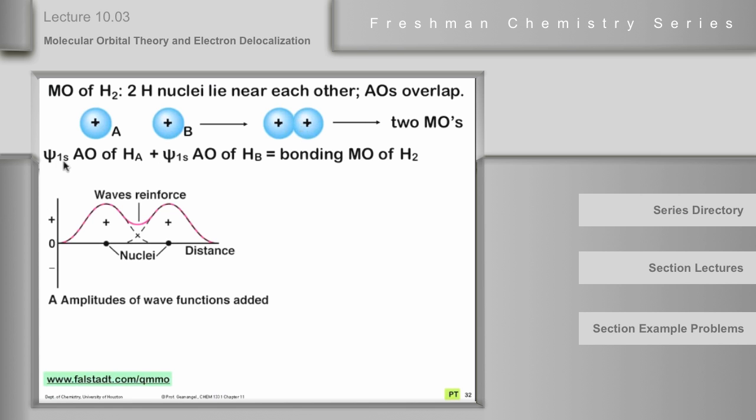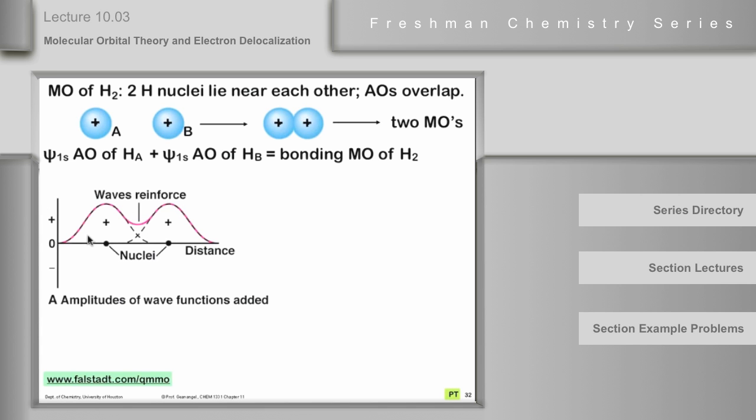The psi 1s wave function for hydrogen atom A is plotted on this diagram. It's a dotted line or dashed line that looks like this. This is the nucleus of hydrogen atom A right here. And here's hydrogen atom B, and here's its 1s wave function. And this is electron density going up in this direction, or amplitude of the electron wave if you prefer.